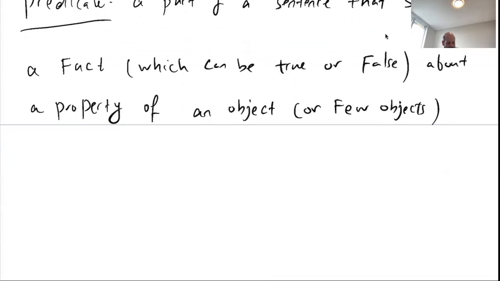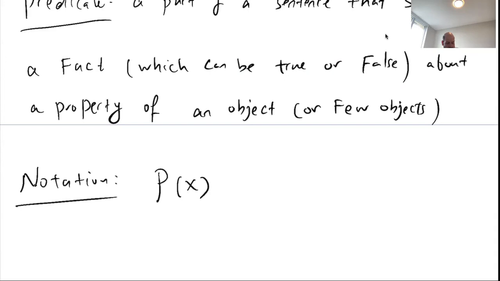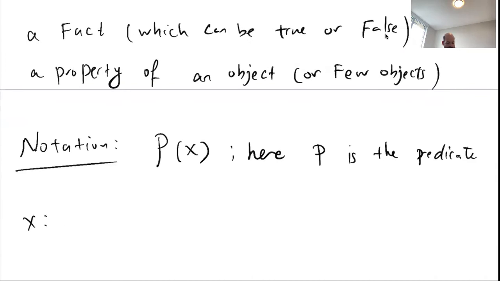So the notation here would be P of X. So here, P is the predicate, and X is the object in the context.